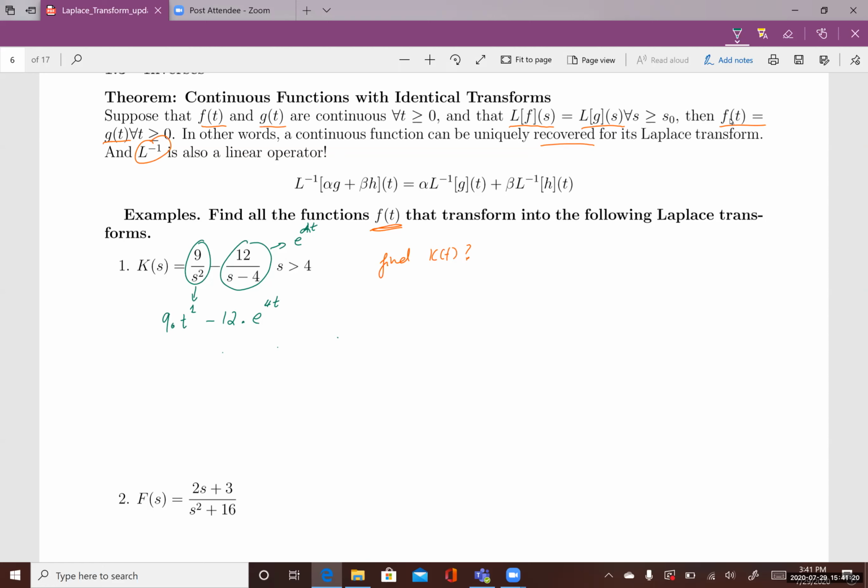Which is the function k of t equals 9t minus 12 e to the 4t. If you don't trust your instincts, you can try to find the Laplace transform of these functions to see if it's the same as these functions here.